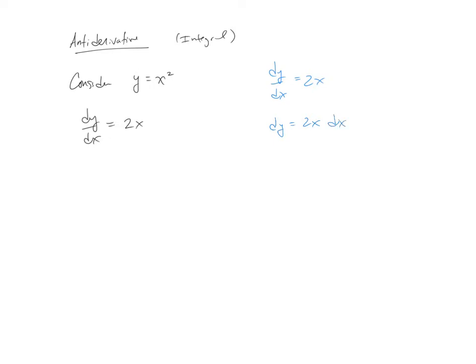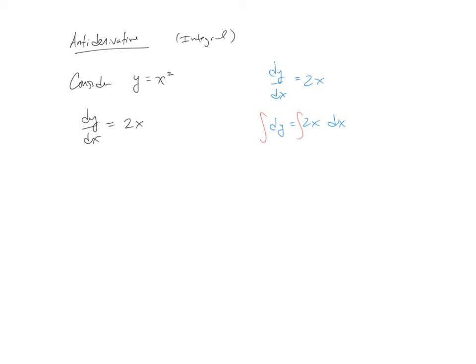And then I'm going to take the antiderivative of both sides. Most of the time you'll hear me say we're going to integrate both sides. So this symbol in red, that's the integral symbol. And it's going to tell us we want to find the antiderivative. Now, on the left, it's interesting because this is the antiderivative symbol, but that d stands for the derivative of y.